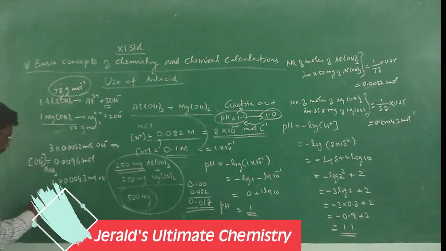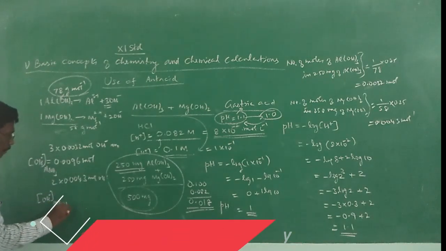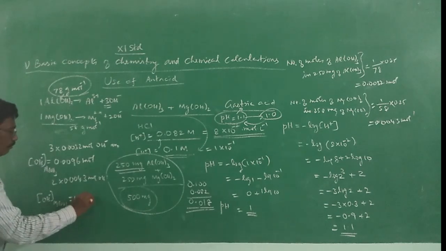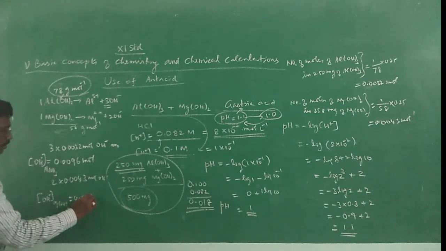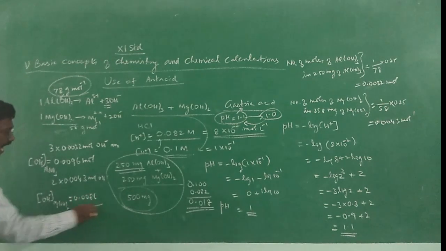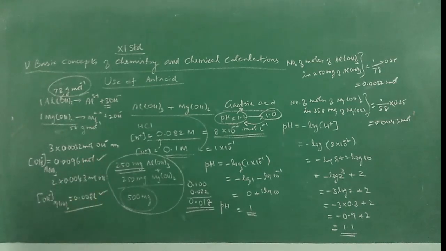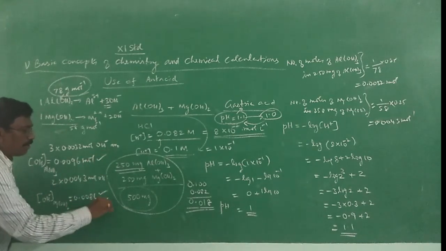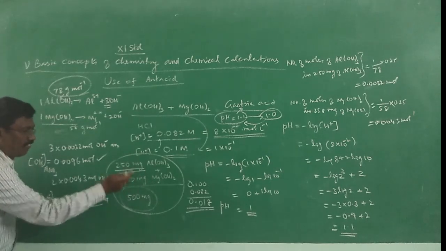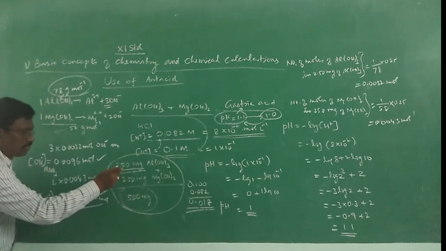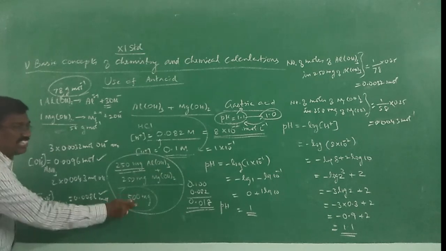And therefore, number of moles of hydroxide ions furnished by magnesium hydroxide is equal to 0.0086. If I add these two, you will be getting total number of moles of hydroxide ions furnished by the mixture, that is 500 mg tablet.